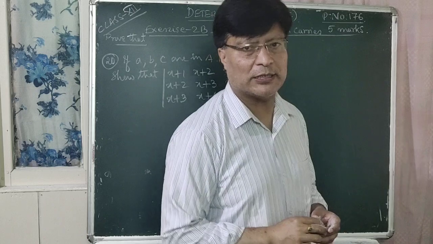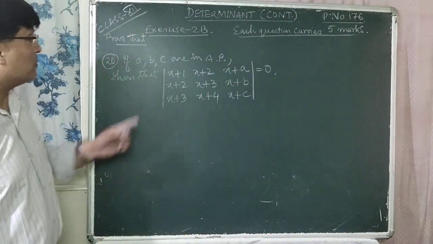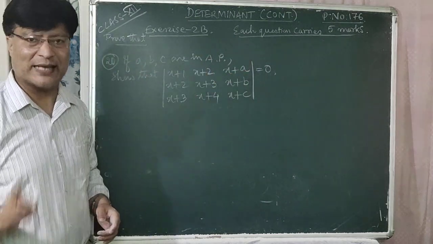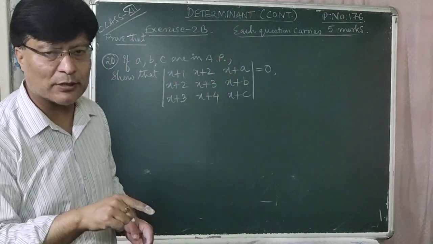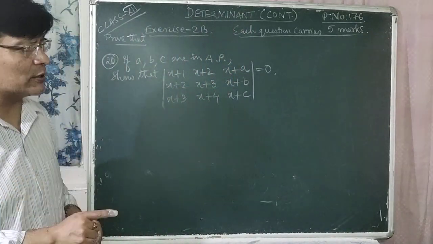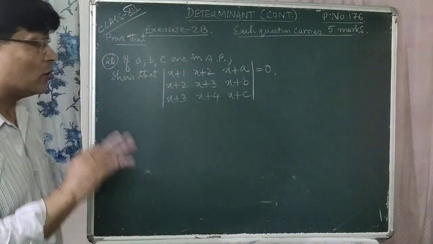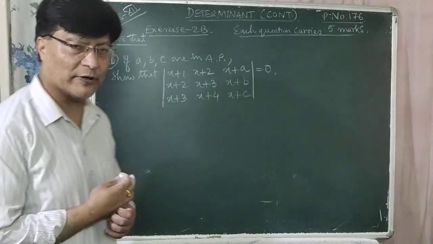A series of quantities are said to be in AP if the algebraic difference between the succeeding and the preceding term is the same throughout the series. That means second term minus first term is equal to third term minus second term is equal to fourth term minus third term, and so on. All these differences are known as the common difference.